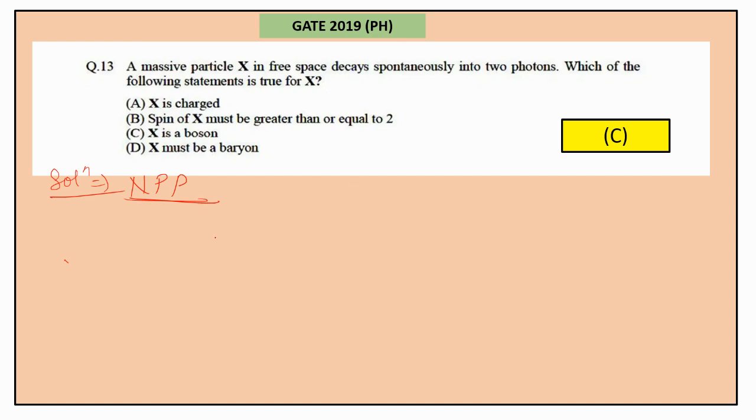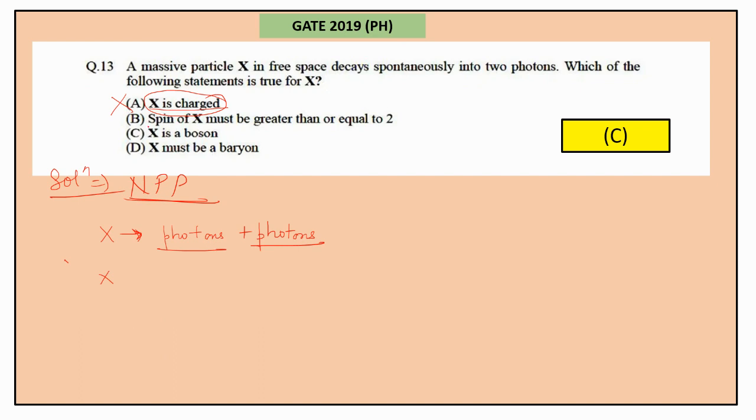So in this question, there is a massive particle X. It decays to 2 photons. If you see, photons are chargeless. So X should be charged is wrong because photons do not carry any charge.